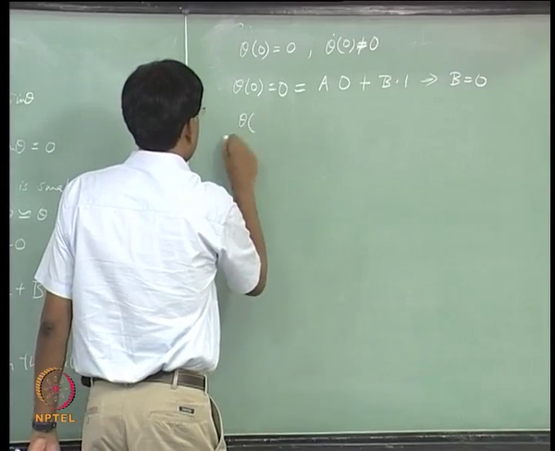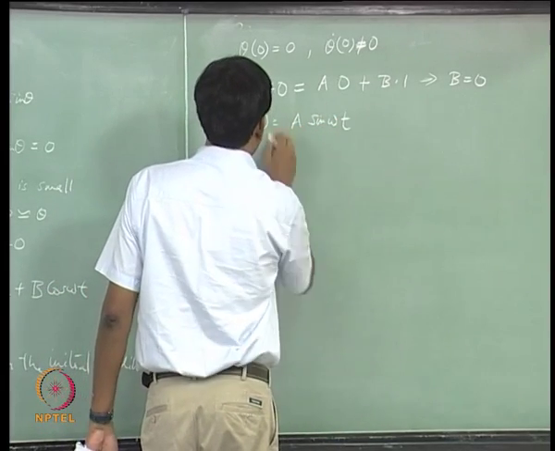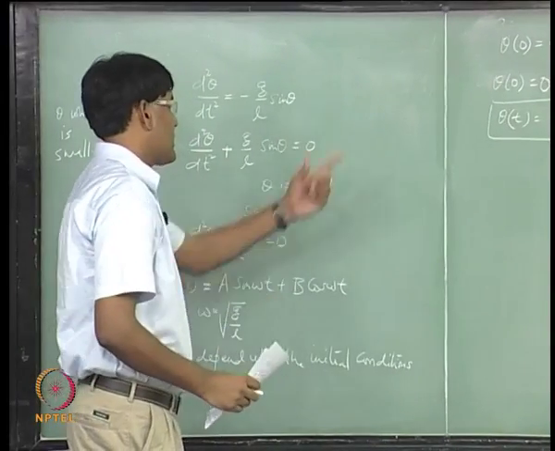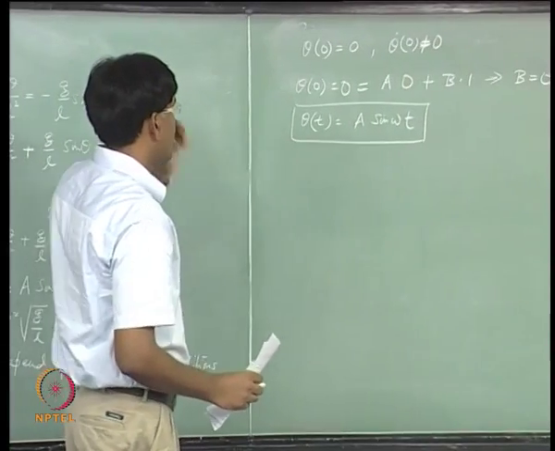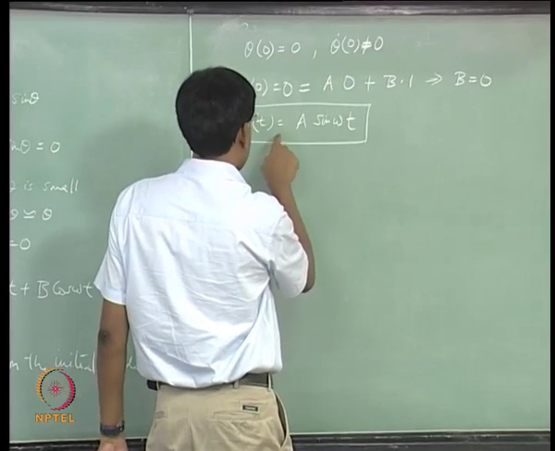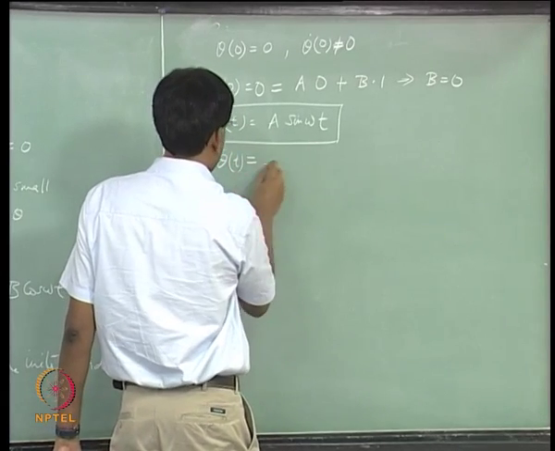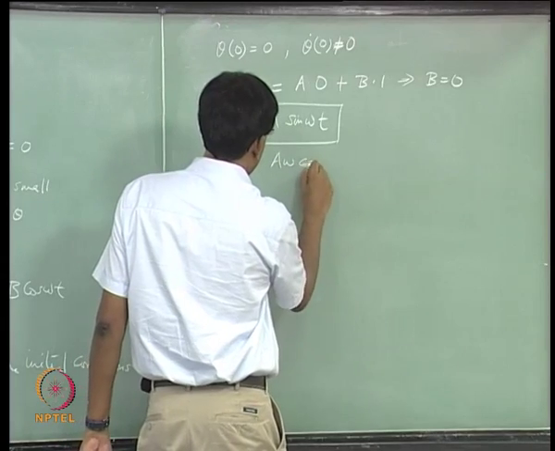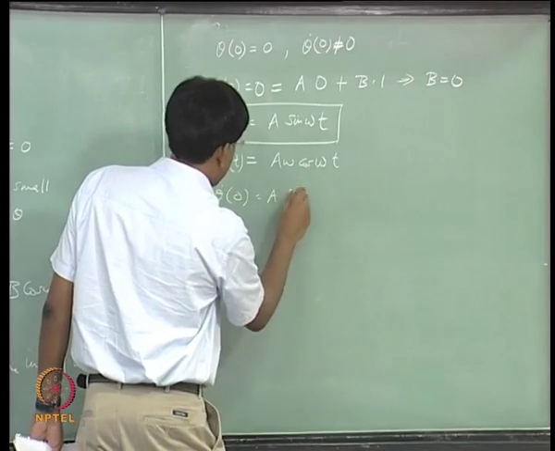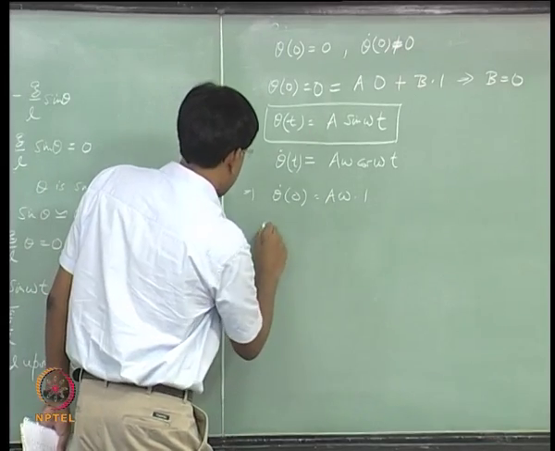So, we have the solution for this initial condition as theta of t equal to A sin omega t, where A is given by this initial condition.